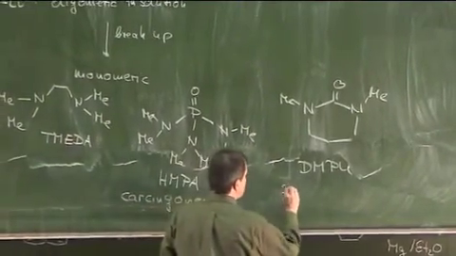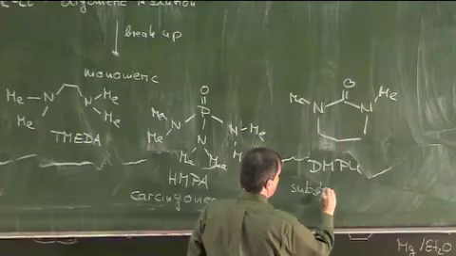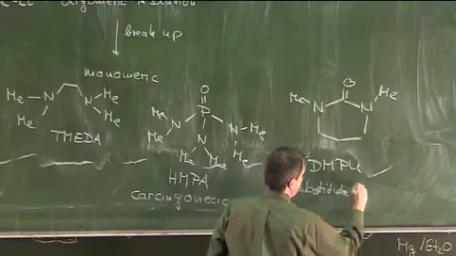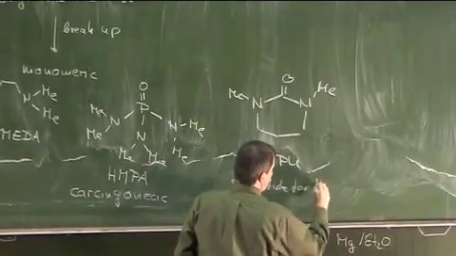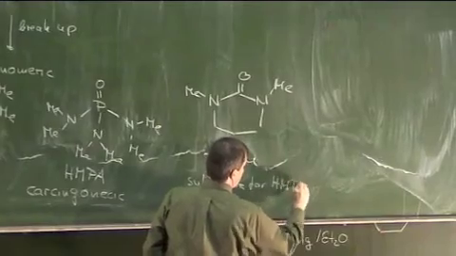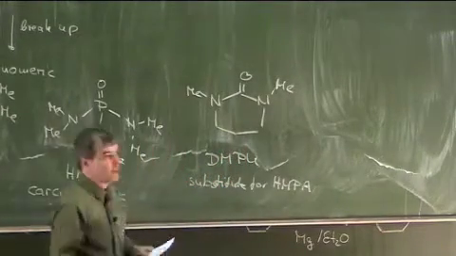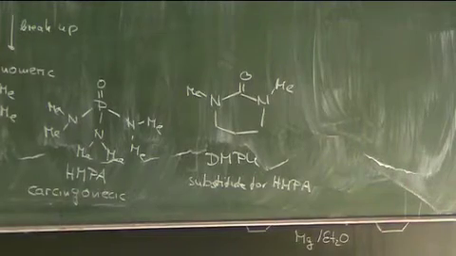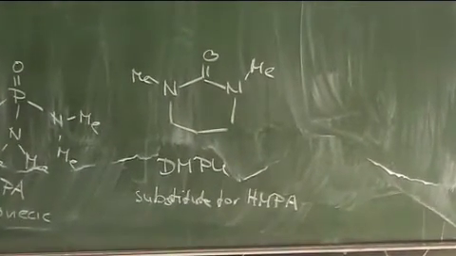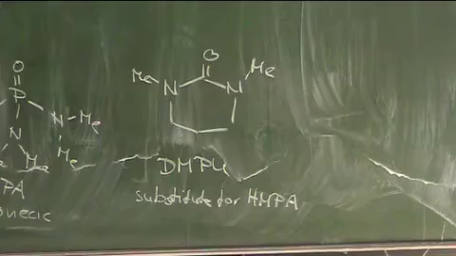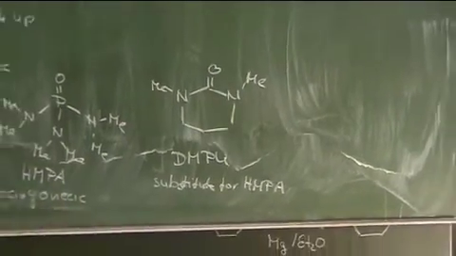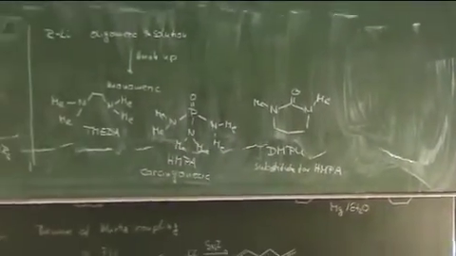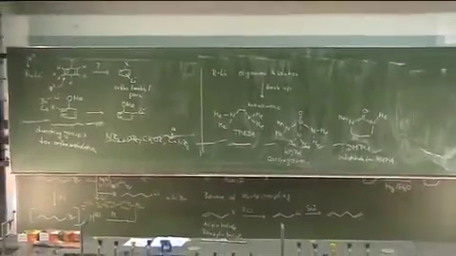This is a substitute for HMPA, having more or less the same good chelating properties, but it's a non-toxic compound. So this is a typical scenario to making aryl lithium compounds.